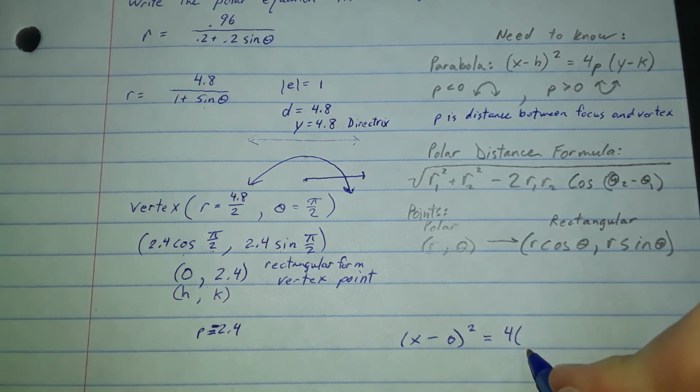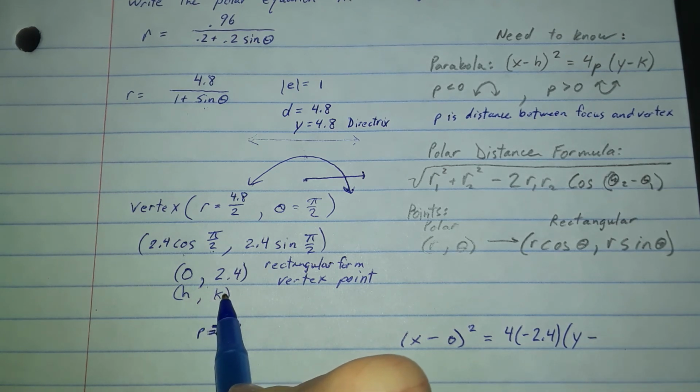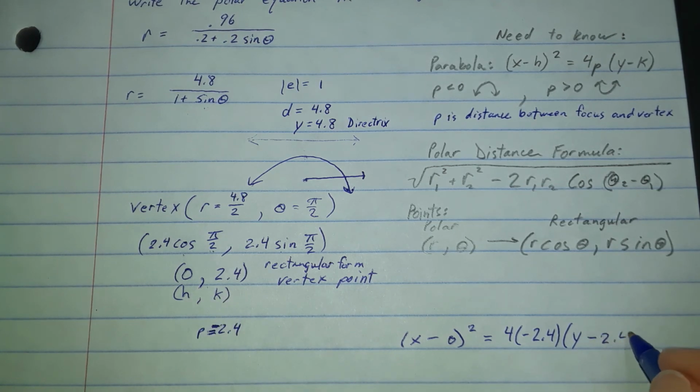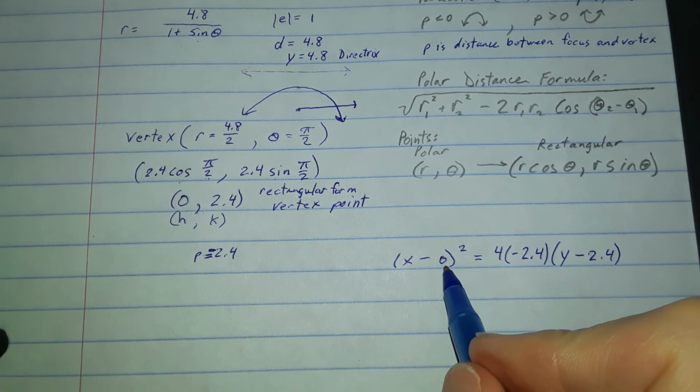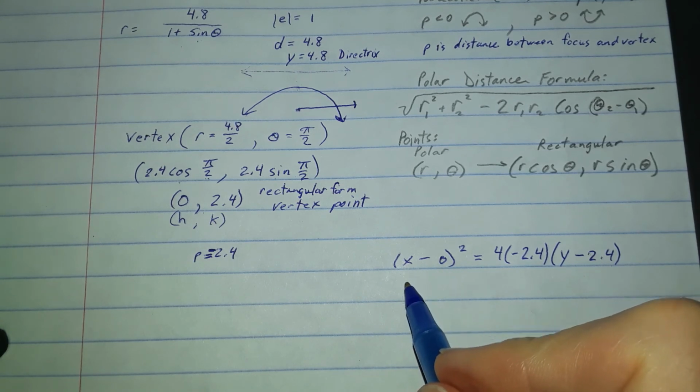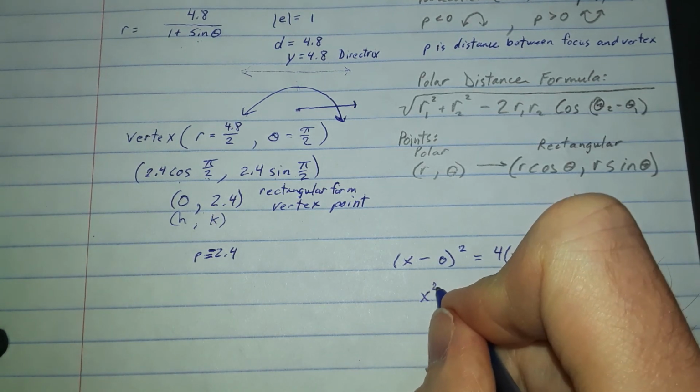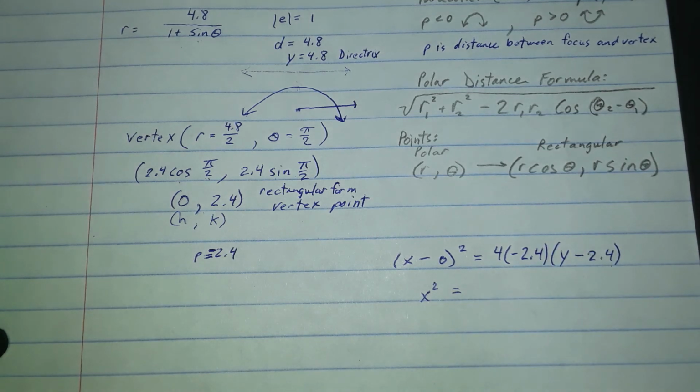We're going to have 4 times the negative p here. y stays y, it's our dependent variable. k is coming from this point also. And now we start to simplify. So x minus 0 is x, and then squaring that, we have x squared on this side.